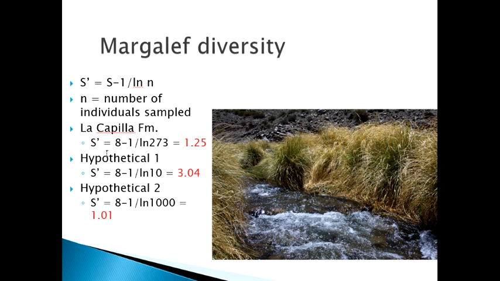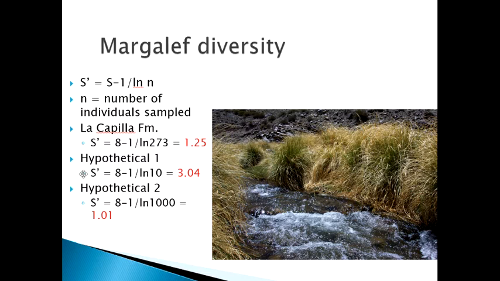And so if we go back to that same example from the previous slide, the real data would be 8 species minus 1, again divided by the natural log of 273, the number of things I collected, and we'd get a number of 1.25.